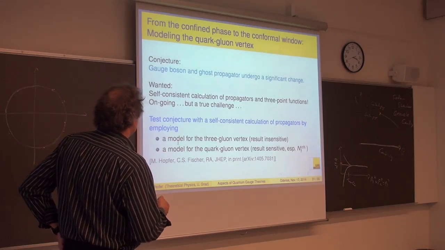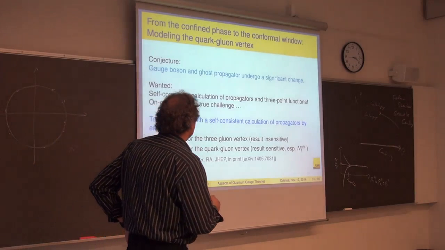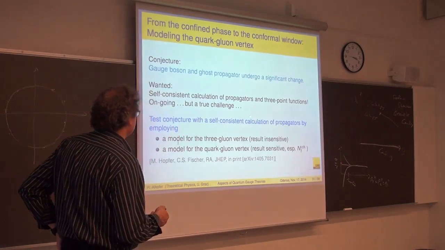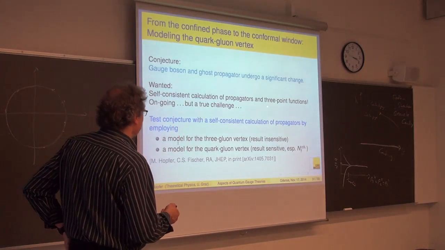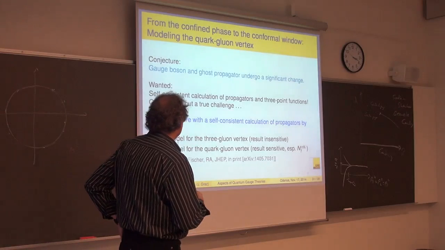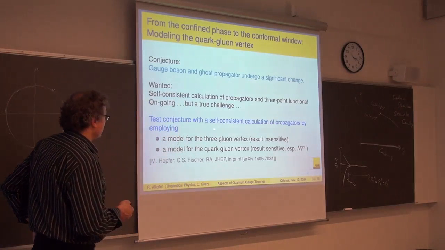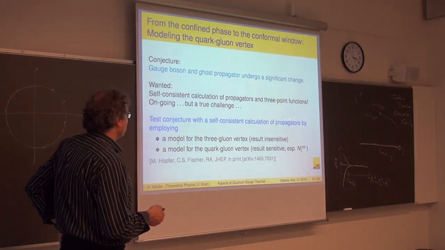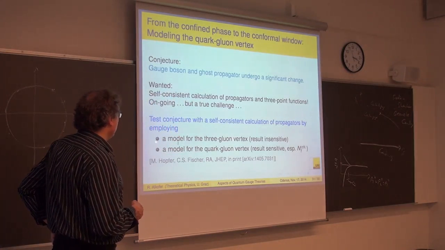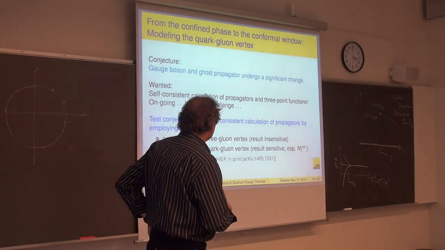What we want would be a self-consistent calculation of propagators and three-point functions. We cannot do this yet. So we wanted to test this conjecture by doing a self-consistent calculation of the propagators by putting in a model for the three-gluon vertex.